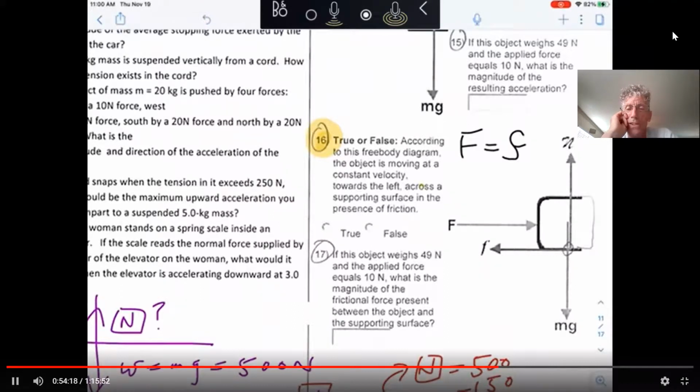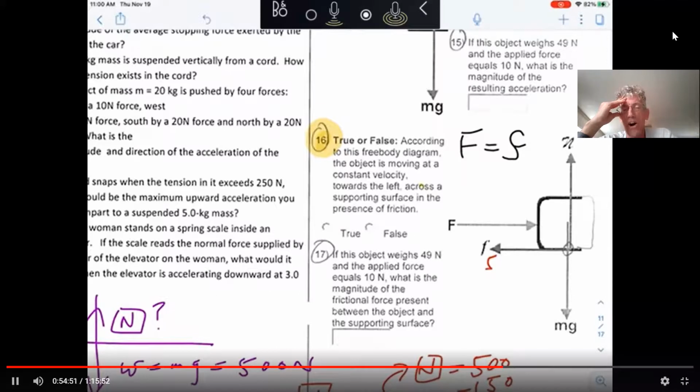Moving at constant velocity, yes, towards the left? Well, I don't know if it's moving towards the left. Okay, but it's moving to the right because friction, little f, is always opposing the velocity. So no, it's moving towards the right in the presence of friction, at constant velocity, if friction and applied force are the same.